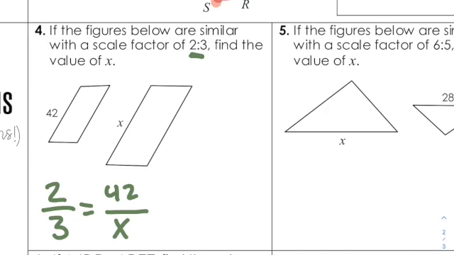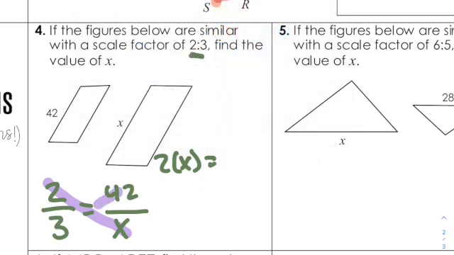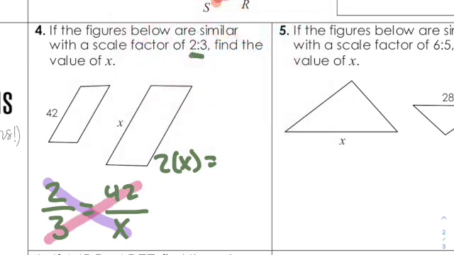Then we'll solve for x by doing the cross product property, or the butterfly method if you prefer. So we'll do 2 times x equals 3 times 42.